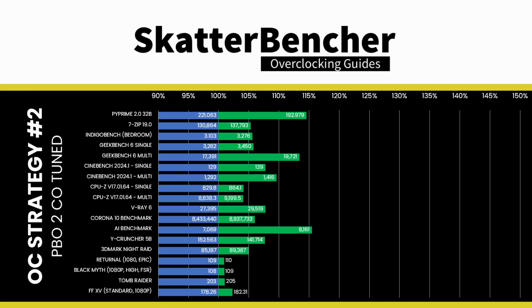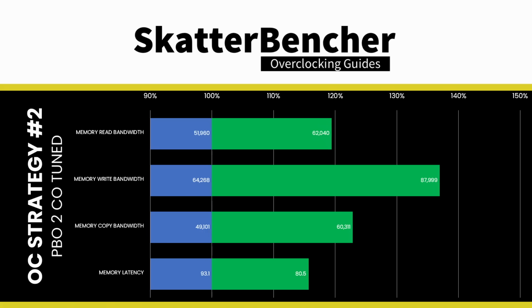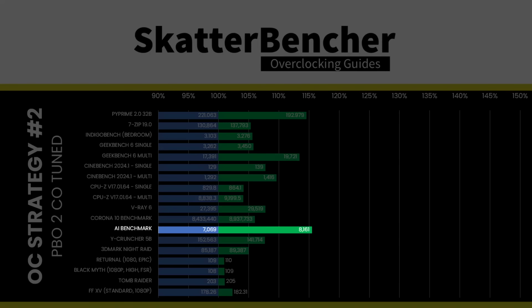Combining the impact of extending the maximum frequency by 200 MHz with quite a dramatic undervolt showed a pretty substantial impact on the boost curve. However, even though we can definitely see the performance improve, we're not seeing spectacular gains. The geomean performance improvement is plus 4.84%, and we get a maximum improvement of plus 15.45% in AI benchmark.